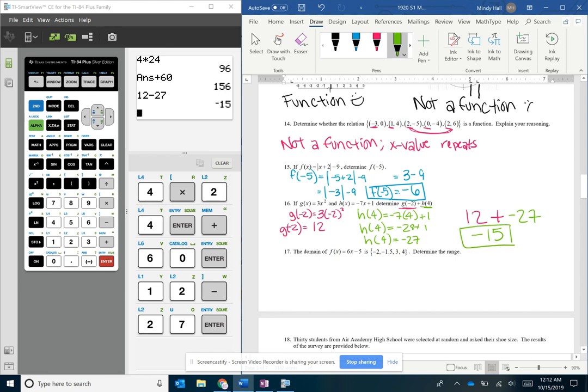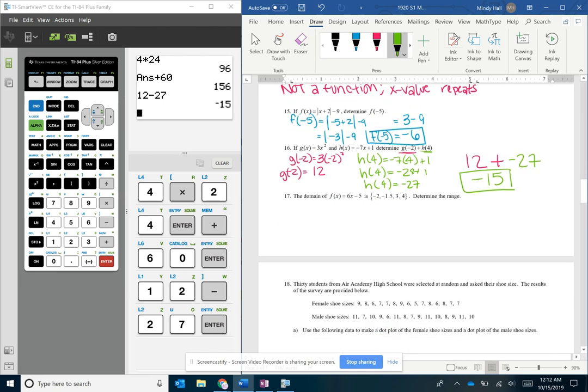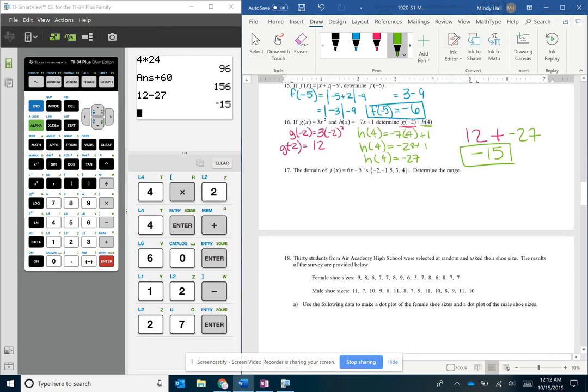Okay? For number 17, we need to figure out the range of f of x. And so all we do is take each of these domain values, the -2, -1.5, 3, and 4, and plug them in. So starting off with -2, we would have 6 times -2 minus 5. 6 times -2 is -12, and minus 5 gives me -17.